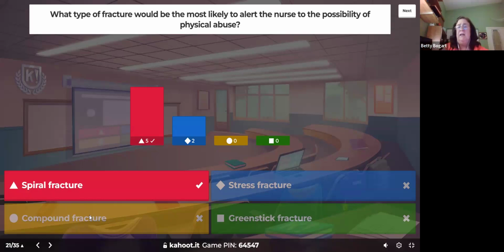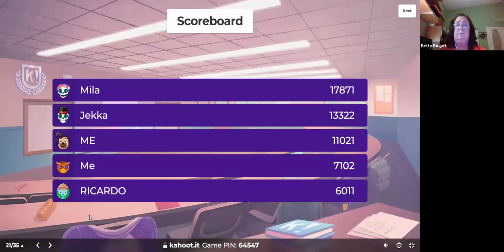So it's like a twisting, and it could be the leg too. As I said before during the lecture, this is the one that might be the only thing that alerts you a child is being abused. And remember, as a nurse, it's your responsibility to keep children safe. And remember, by law, you are protected for reporting that. So it's something that as nurses, we need to be aware of.